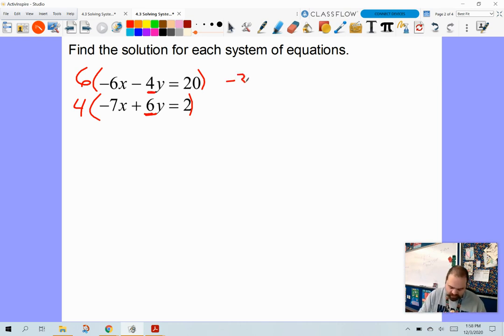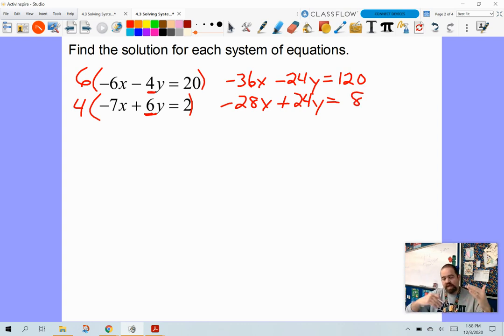That's going to create a -36 here, a -24, and 120. That is one downside to doing this. You're using a little bit bigger number, and it's going to create some bigger numbers to work with, but it still works. -28x plus 24y equals 8.